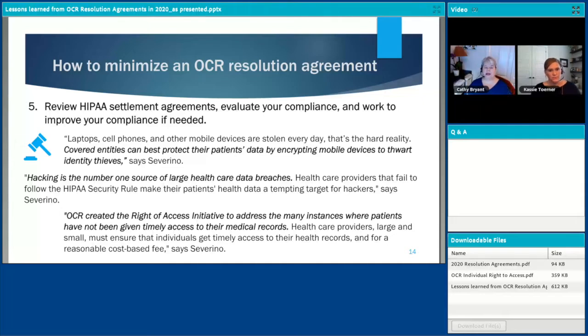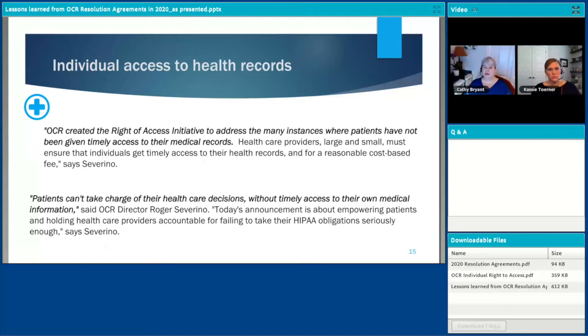patients have not been given timely access to their medical records. Individuals have a right to access their medical records. This is specified in the HIPAA privacy rule as a right, so it is treated very highly, and violations of that right are treated very highly by the Office for Civil Rights.